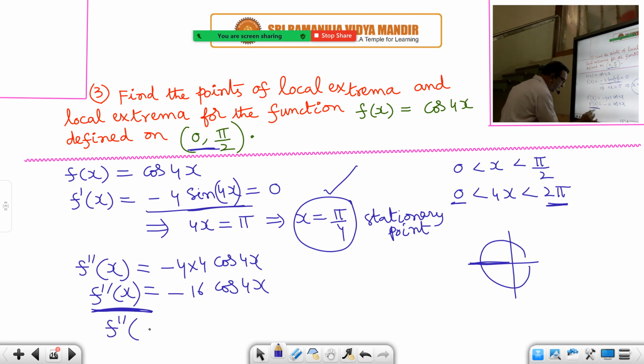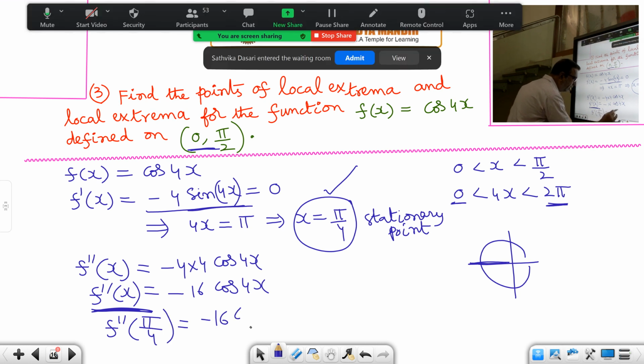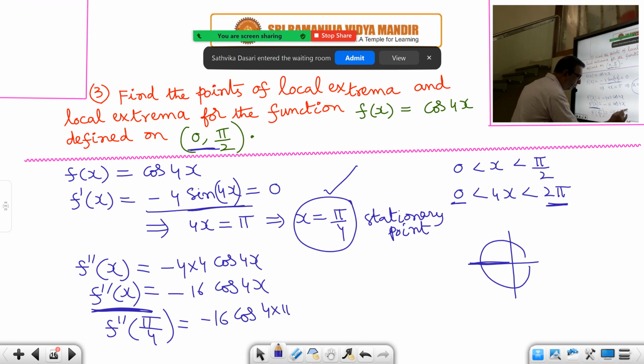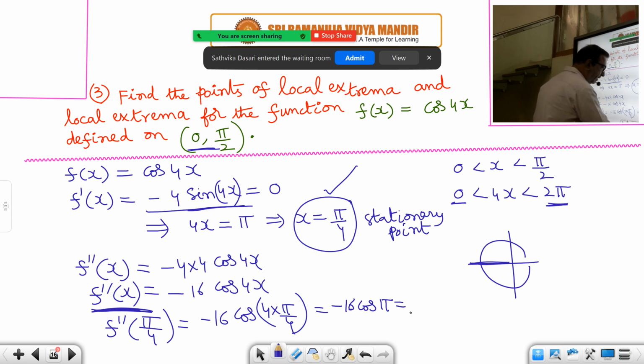So f double dash pi by 4 we have to see. Is it positive or negative? Minus 16 into cos 4 into pi by 4. 4 into pi by 4 is pi. So minus 16 cos pi. What is the value of cos pi, Shilpita? So minus 16 into minus 1. Is it positive or negative?